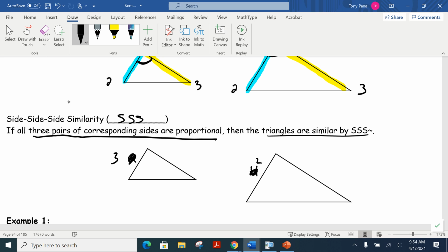We'll say 3 and then 6. So that's twice as big. If this is 4 and this is 8, that's twice as big. If this is 5 and this is 10, notice how they're all twice as big. That's showing that all three sides have the same ratio to each other. So by side, side, side, we know those triangles are similar.